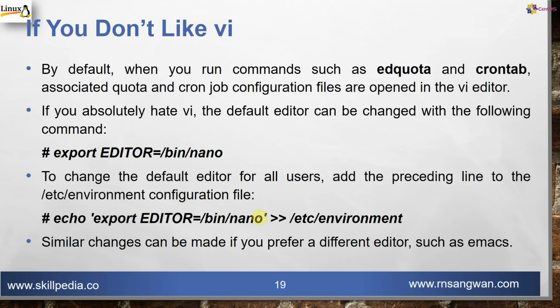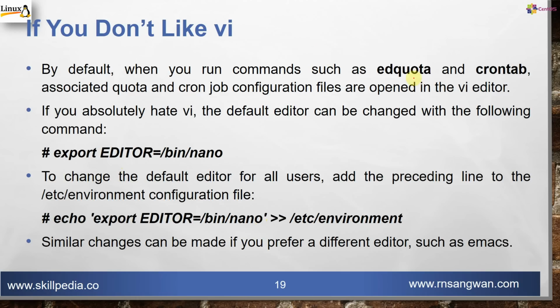So I created a user without using the adduser command by directly modifying the files. That has given you a good understanding of what the meaning of a user in Linux is.